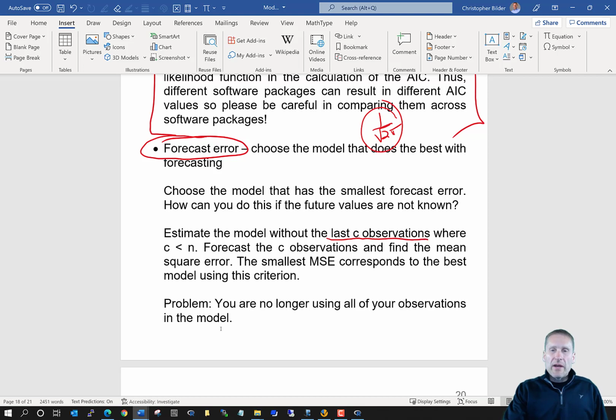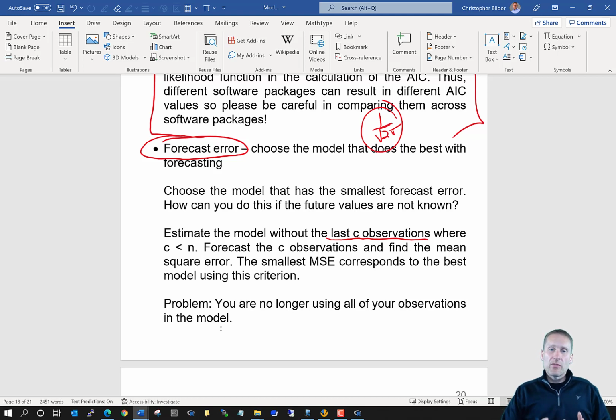So what you could do is base your model, instead of on n observations, on n minus c observations in terms of doing the modeling process. Then the c observations would be the last c observations in your observed time series. So for example, let's say that you do actually observe 110 data points, so time t equal 1 to 110.